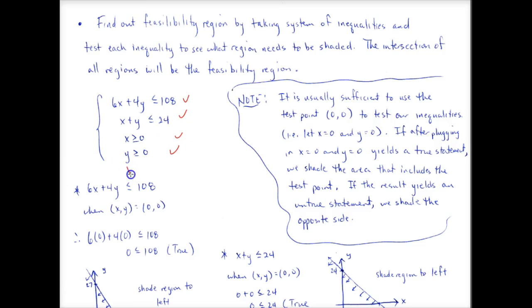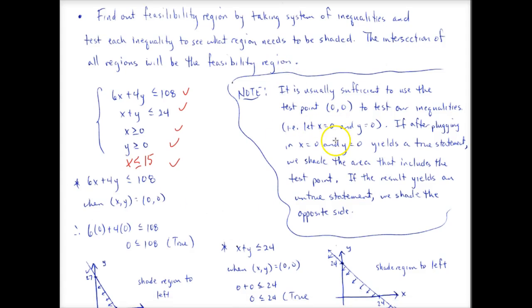And of course, I'm going to add the one about x being less than or equal to 15 here. Normally when we test, we use the point (0, 0) to do our testing. And we do that because it's an easy point to use. If you ever have an associated line that goes through the origin, or goes through the point (0, 0), then you need to pick another point. Okay?